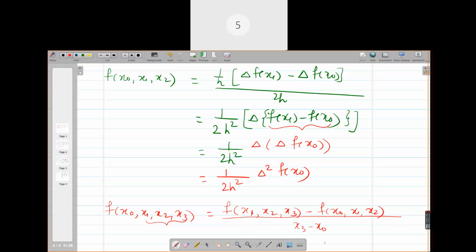What is x3 minus x0? 3h, correct. x3 minus x0 will be 3h because x3 is x0 plus 3h.